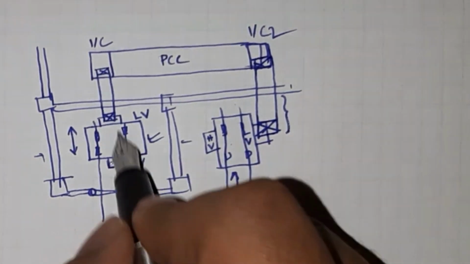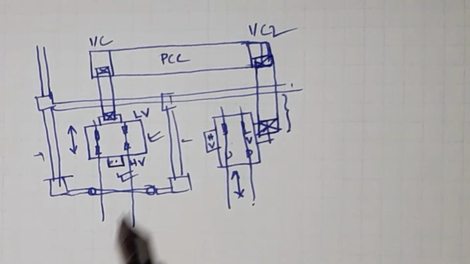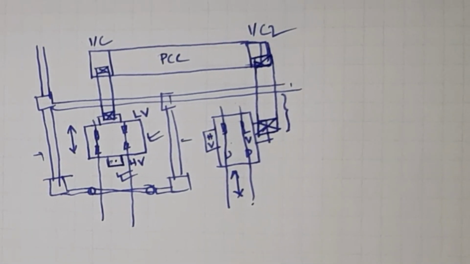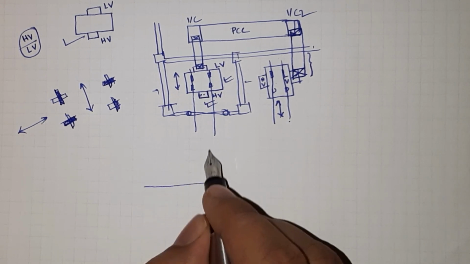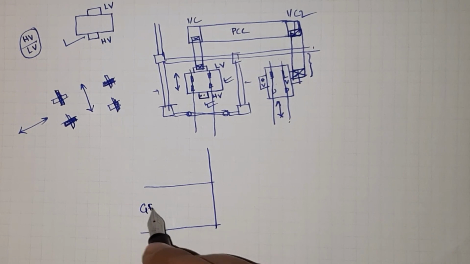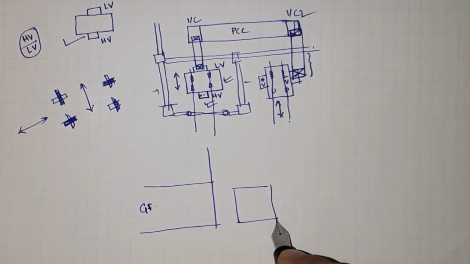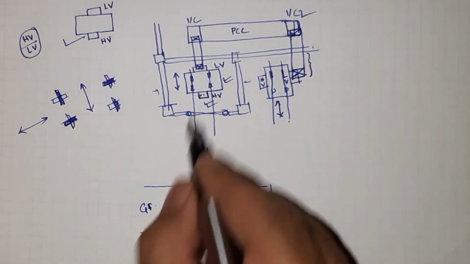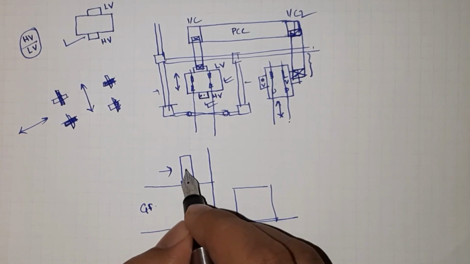Suppose these transformers are located at the ground floor and the PCC is located at the first floor. Then let me draw the building elevation. Suppose this is the first floor, and this is the ground floor having a cable cellar room. The transformer is located at this position and the PCC switchboard is located at this position. Okay, this is the PCC, this is the front.